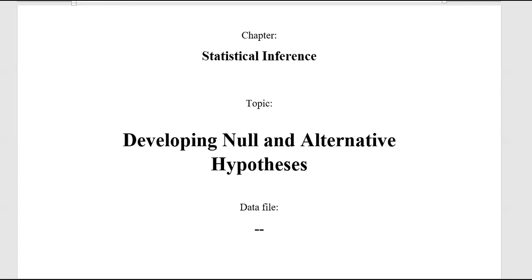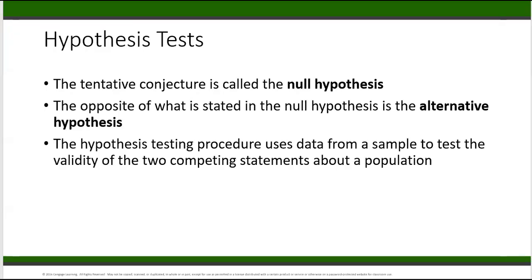In this video, we're going to talk about some general rules regarding how to develop null and alternative hypotheses. In any type of hypothesis test that you want to run, we have to have two sets of hypotheses, a null hypothesis and an alternative hypothesis.